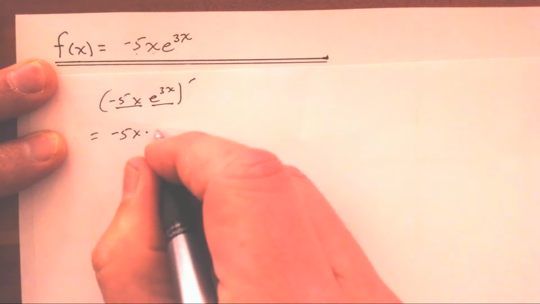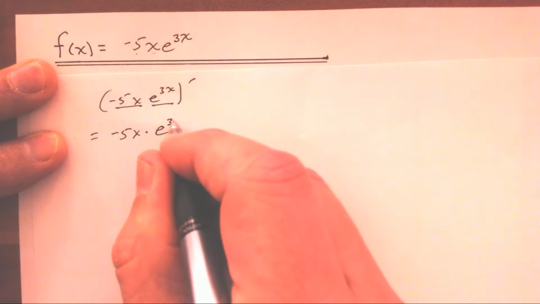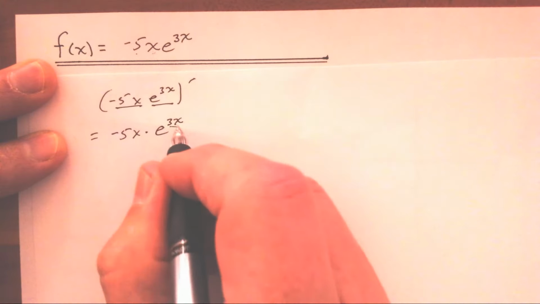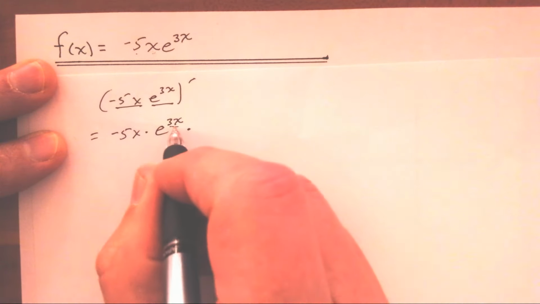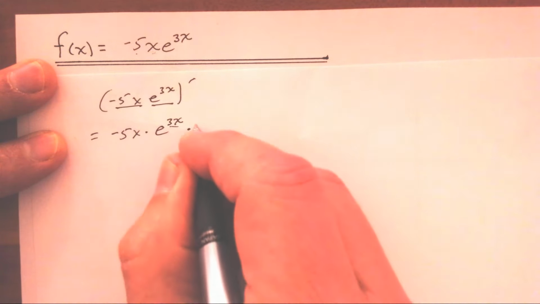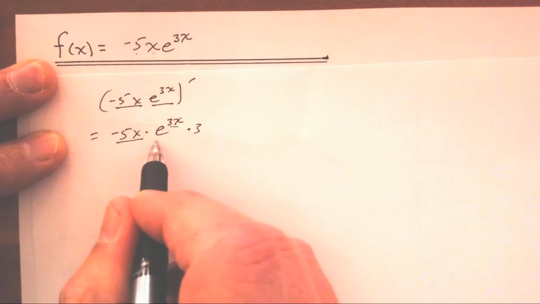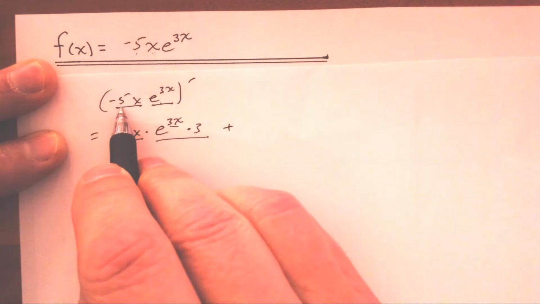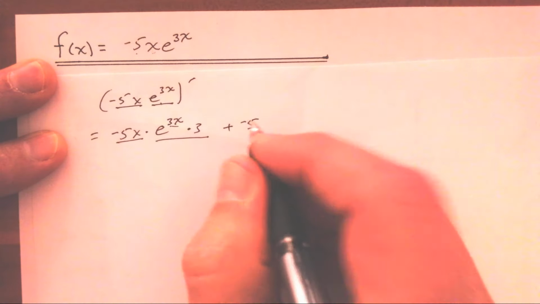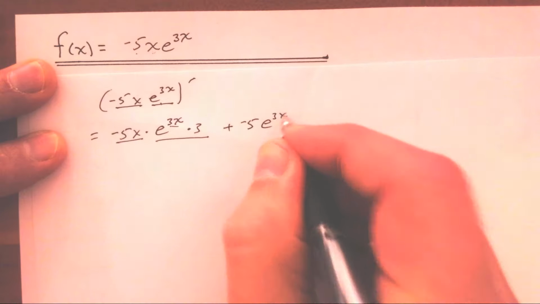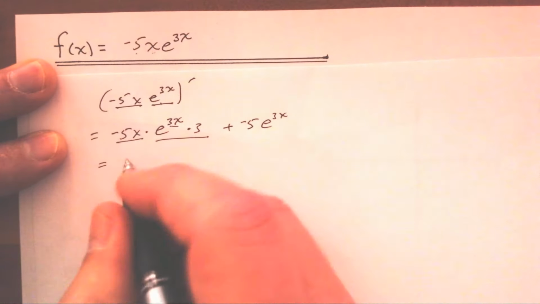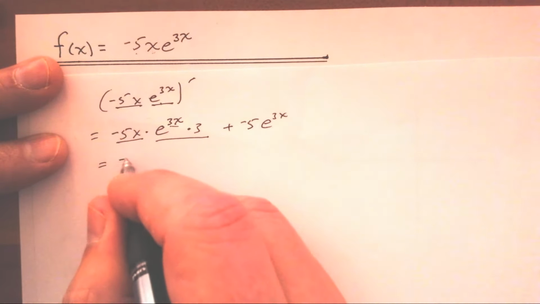Well, e to the derivative is e to the. However, we have this inside function. The derivative of 3x, or the baby function, is 3. So that's first times the derivative of the second plus derivative of first, that's a breeze, -5 times the plain second. And on these e to the's, we're going to get some common factors for sure.